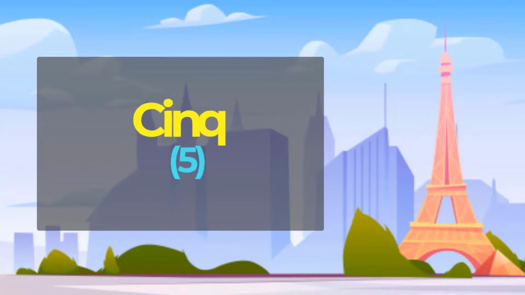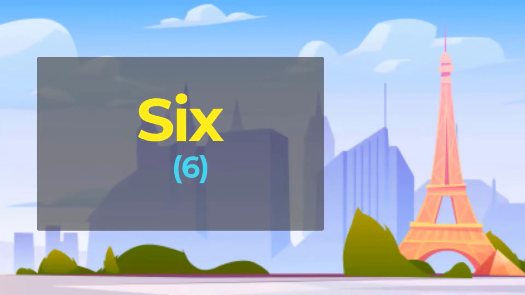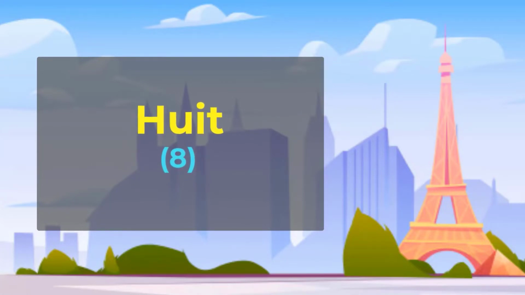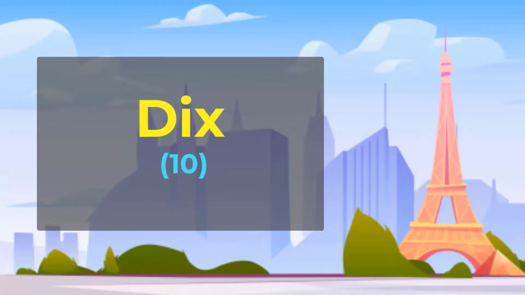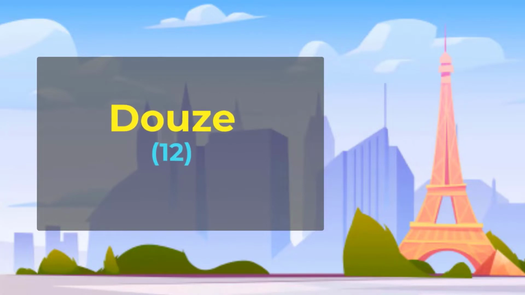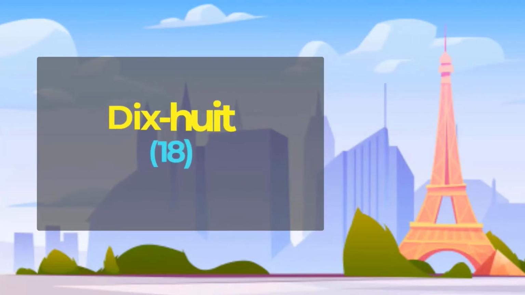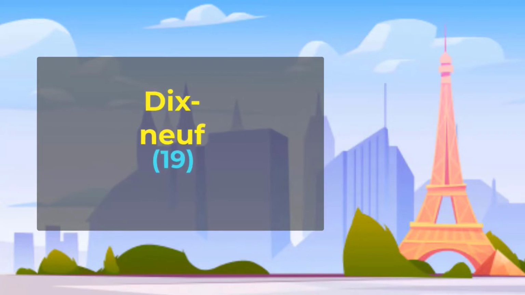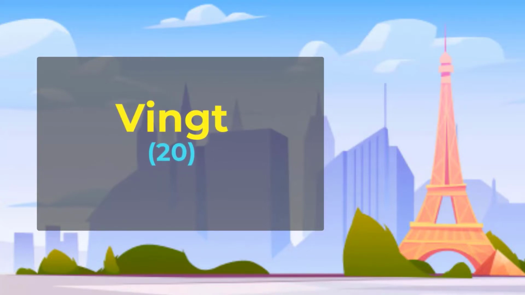So on the next page, there are some numbers given from 0 à 20. 0 to 20. 0, 1, 2, 3, 4, 5, 6, 7, 8, 9, 10, 11, 12, 13, 14, 15, 16, 17, 18, 19, 20.